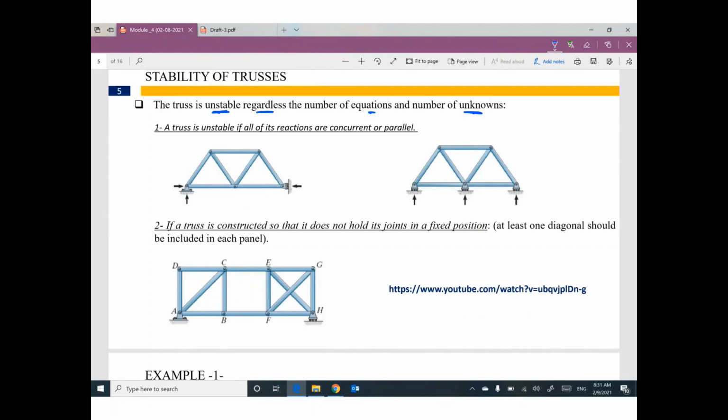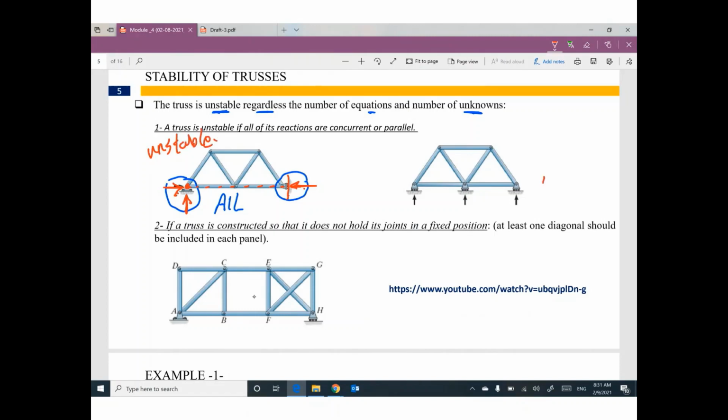If all reactions are concurrent. Can you see here? We have a hinge, so we have two reactions. We have a roller, so we have one reaction perpendicular to the base of the roller. Nothing else. This reaction and these two reactions are concurrent, intersecting at one point. All of them intersect at one point. This truss is unstable.